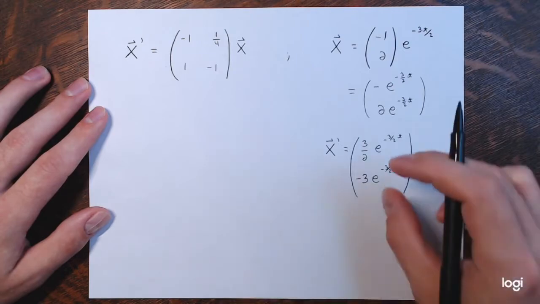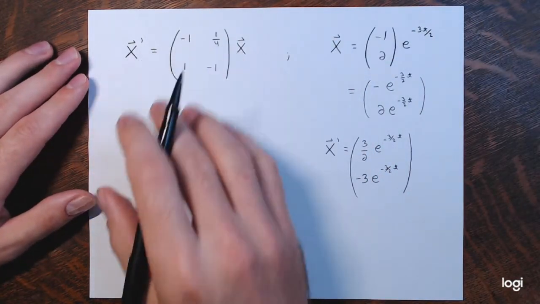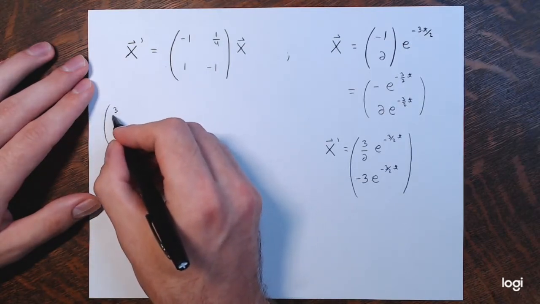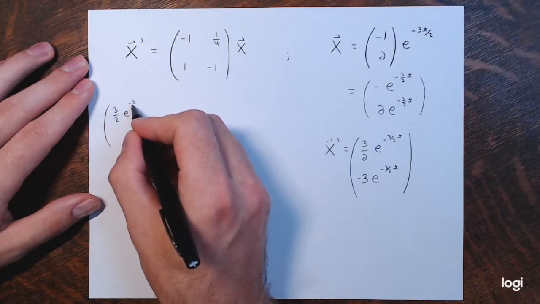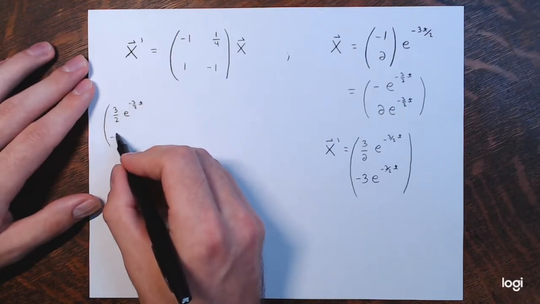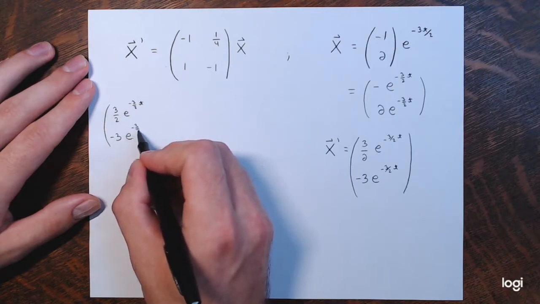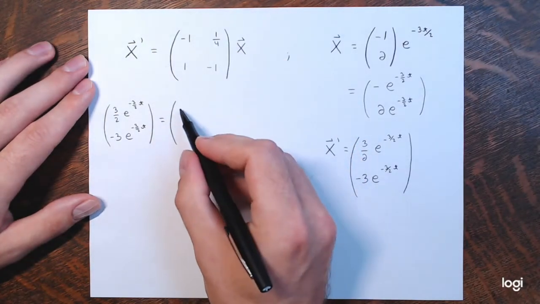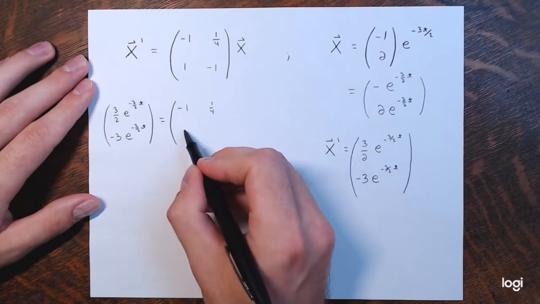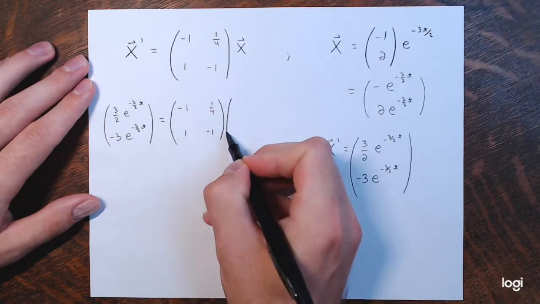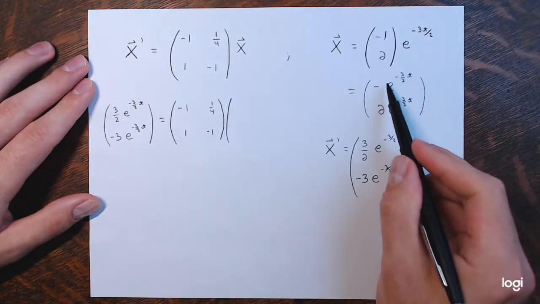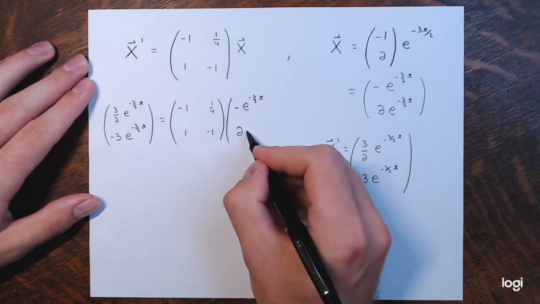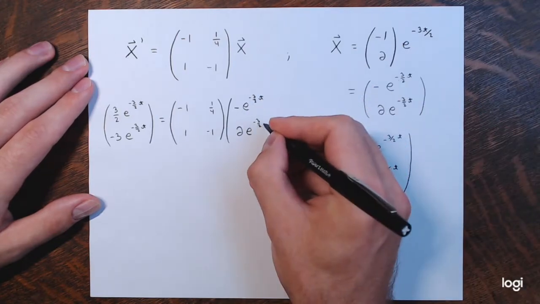All right, so let's substitute these into my system and see if we get a true statement. So x prime is 3 halves e to the negative 3 halves t, and then negative 3 e to the negative 3 halves t, equals the 2 by 2 matrix, negative 1, 1/4, 1, negative 1, times x, and plugging in this x, negative e to the negative 3 halves t, 2 e to the negative 3 halves t.